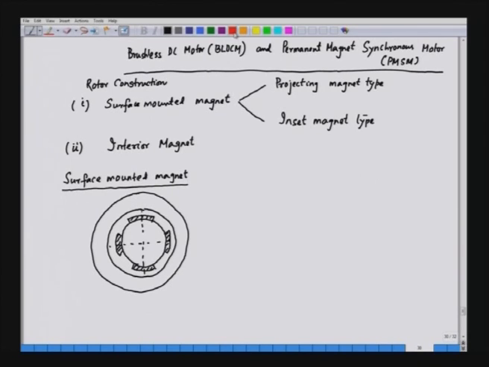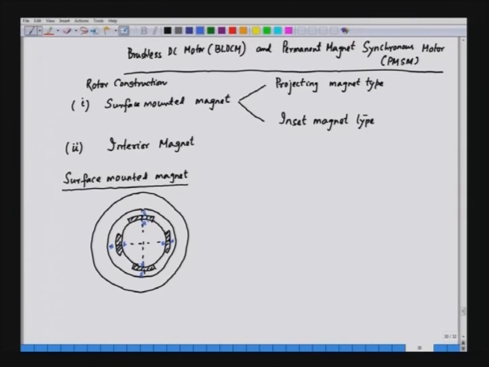Here, let us say we have a north pole here and a south pole here. So, ultimately we have the north pole which is seeing the stator, and we have a south pole here, and again we have a north pole and a south pole.